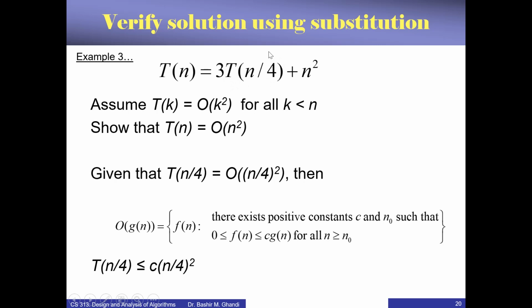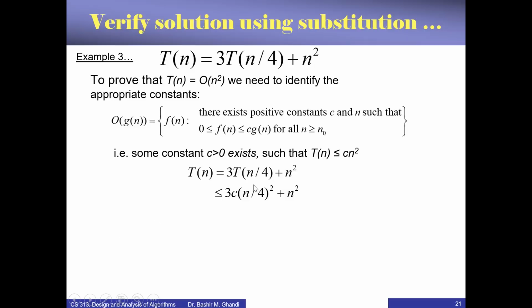Instead of this T(n over 4), we will have c(n over 4) all square. So finally we are able to eliminate the T from the right hand side. What we now need to do is to simplify this to make sure it can be in the form of cn squared.